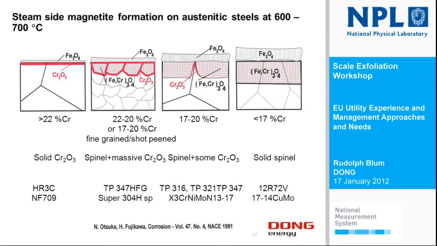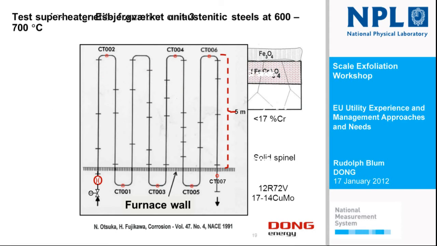And then finally, I just want to show you what kind of evidence we have behind this investigation and the conclusions we are coming up with. At Esbjergværket Unit 3, we have been operating with this kind of test superheater.